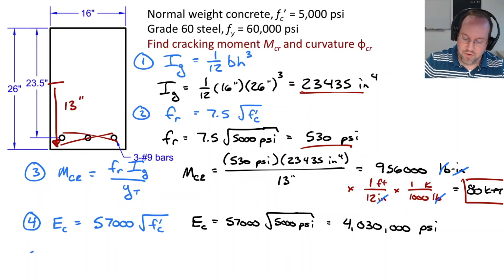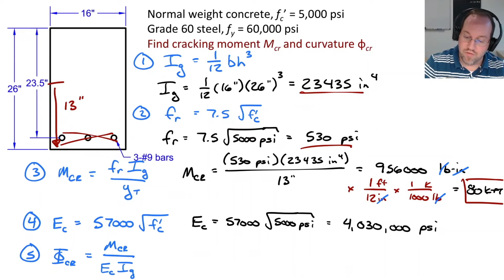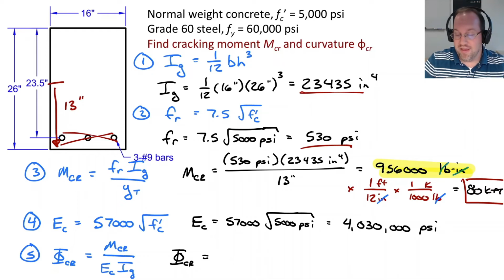Lastly, I can get my curvature. My curvature is going to be equal to my moment at cracking divided by E of the concrete and I gross. I have all those numbers, so it's just a matter of plugging these values in. For my moment, I'm going to use my value in terms of pound inches because my modulus is in PSI and my moment of inertia is in inches to the fourth. To make sure that everything is consistent, I'm only going to have pounds and inches, and then all my units will work out.